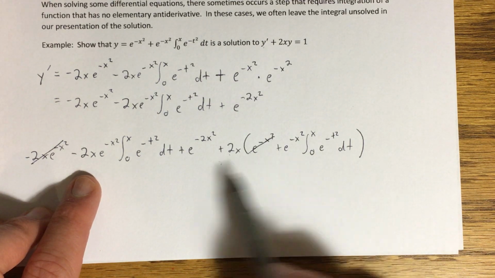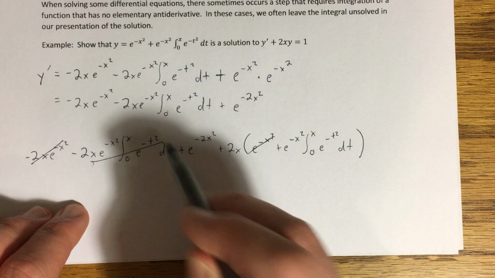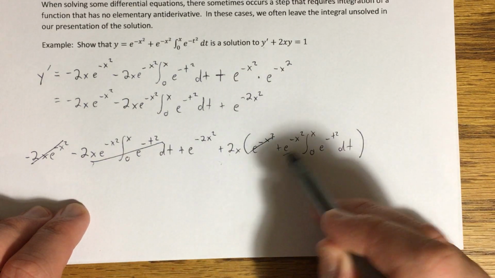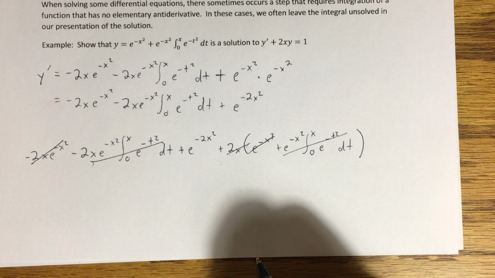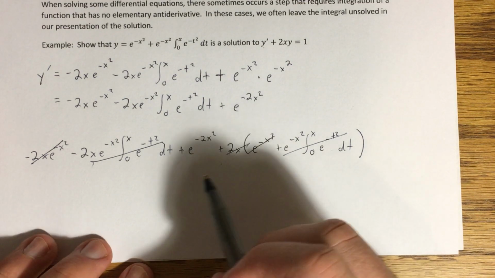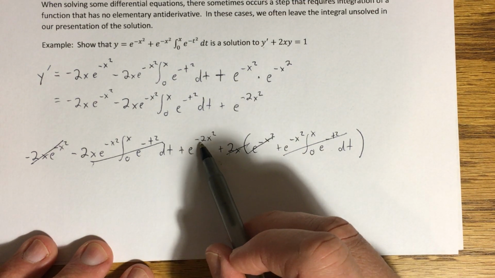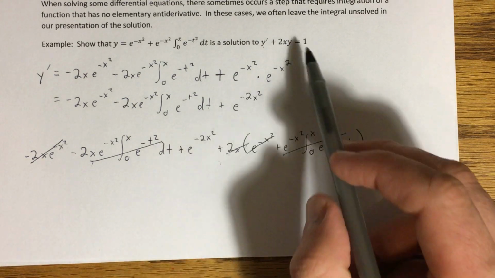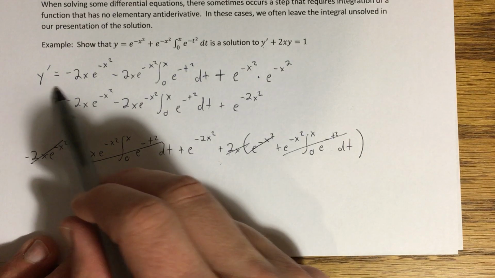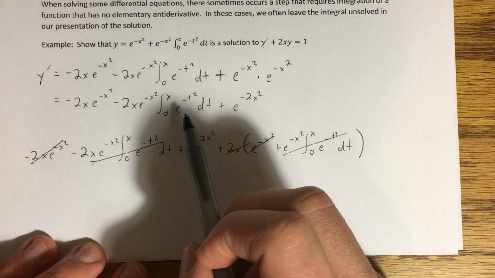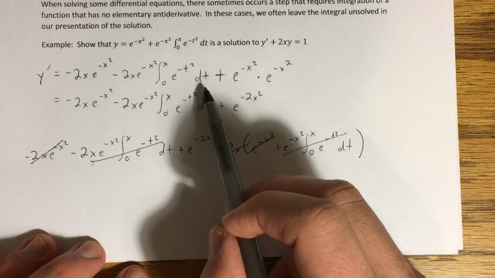That'll be a positive. This is a negative. That's going to cancel with that guy. So I get all this cancellation happening here. Okay? All right, now I'm left with this e to the negative 2x squared. I should be left with a 1, so that means I think I did something incorrect here. Let me check, make sure something didn't go wrong.